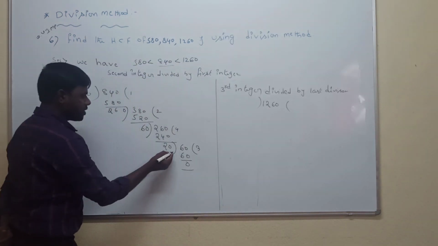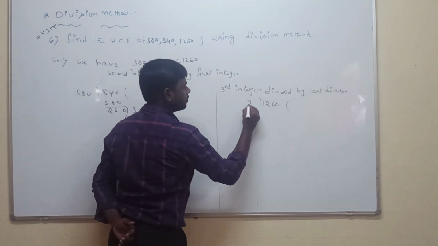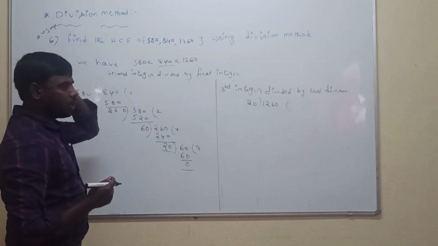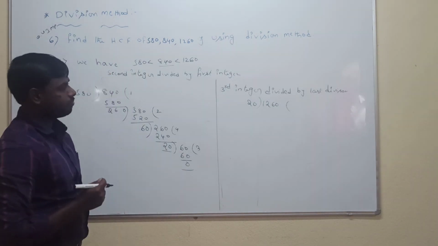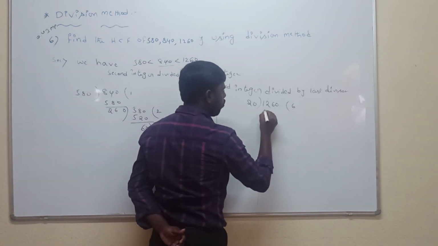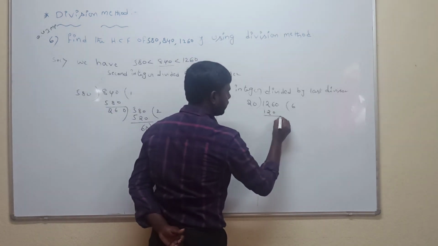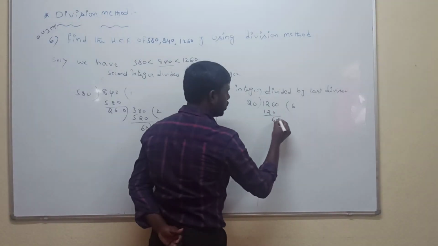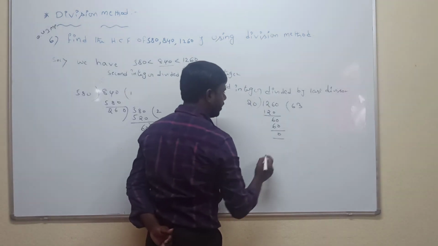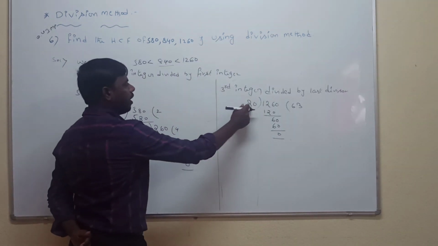The last divisor is 20. So 160 divided by 20. How much do we get? Check once. 20 times 8 is 160. Final remainder is 0. Then the last divisor is called HCF.